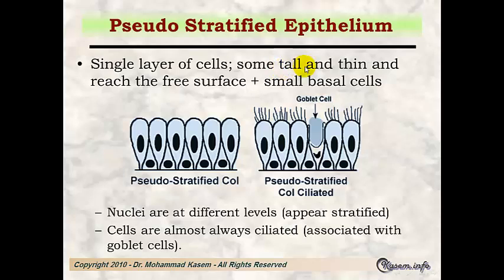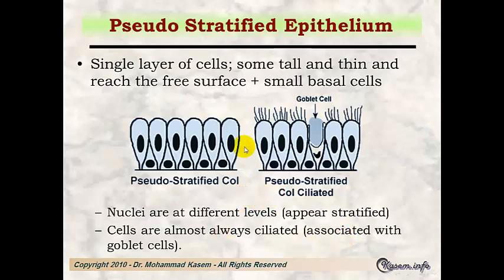Some cells are tall and thin and reach the free surface, and some cells are small and basal in position. The nuclei are located at different levels, so it appears stratified, and the cells are almost always ciliated, associated with goblet cells in the respiratory system.